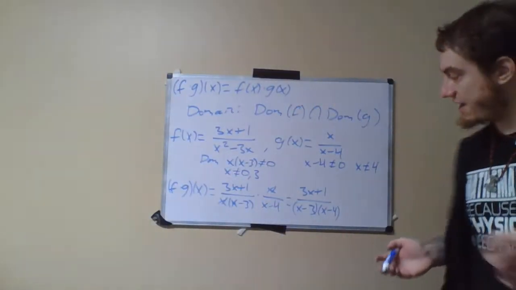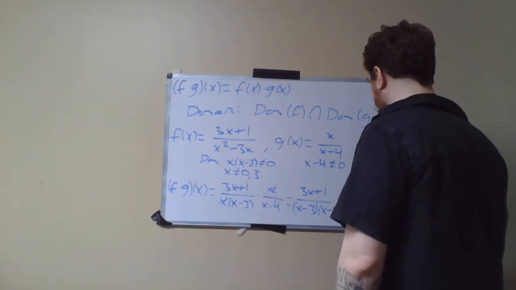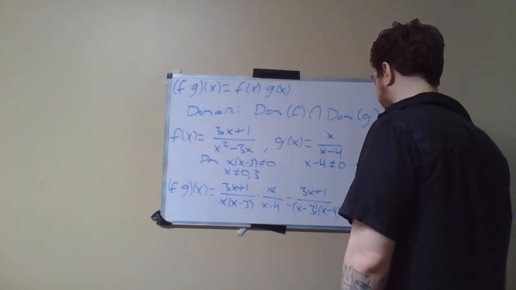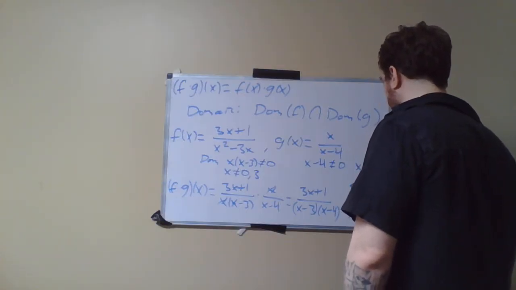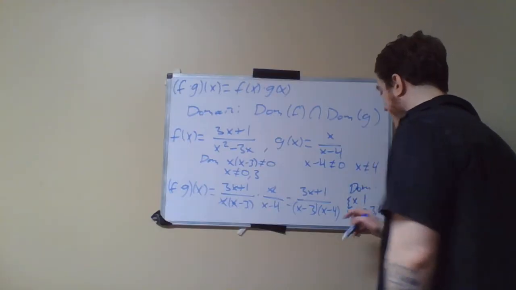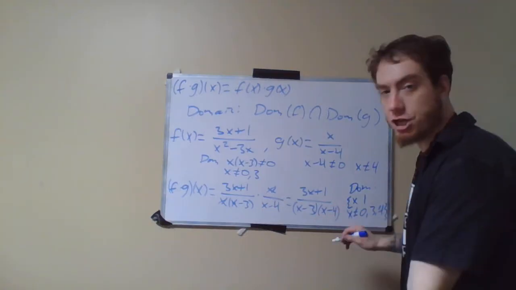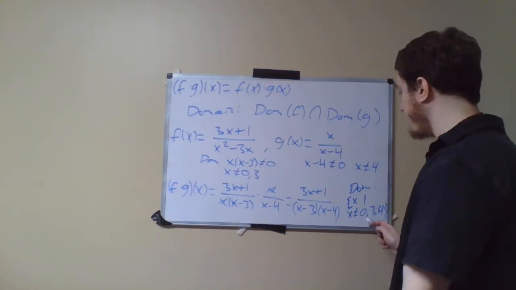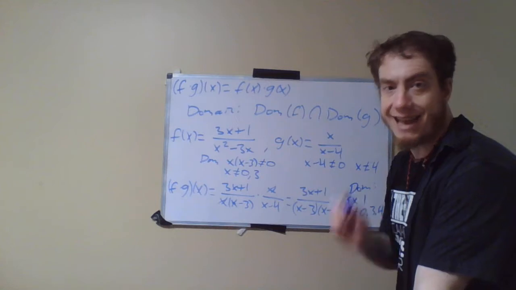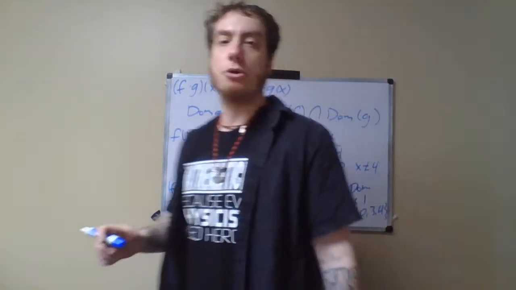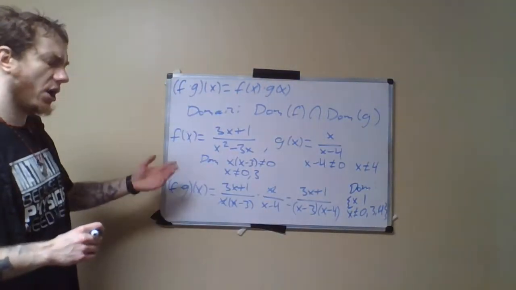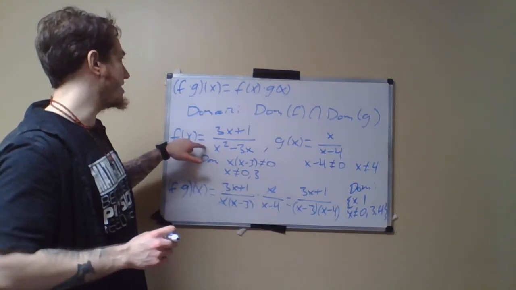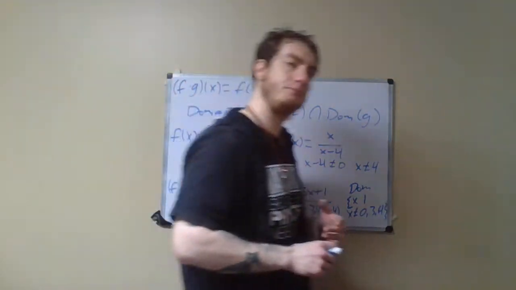So what we have to say here is that the domain is going to be the set of all x such that x is not equal to 0, 3, or 4, even though in this expression, the only numbers that actually break the expression are 3 and 4. But 0 has to be excluded anyway because if we put in 0, then we wouldn't be able to evaluate f here. So that's a problem.